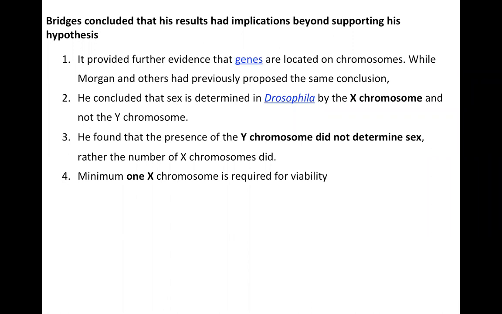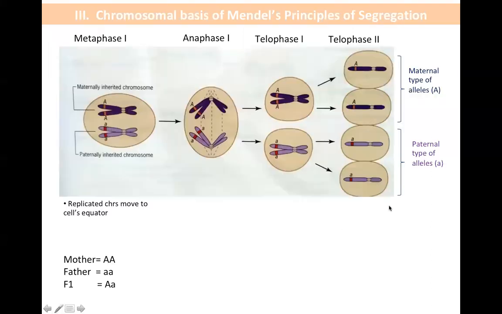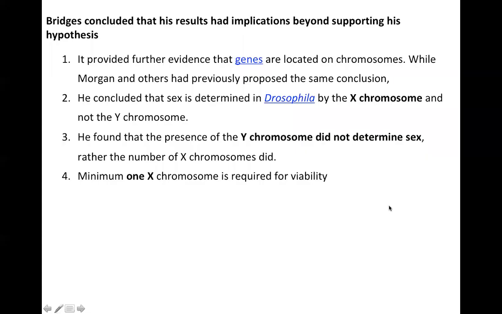So even if flies carry more Y chromosomes but no X chromosome, all the flies will die. So this is about the non-disjunction theory of chromosomal inheritance proposed by C.B. Bridges.